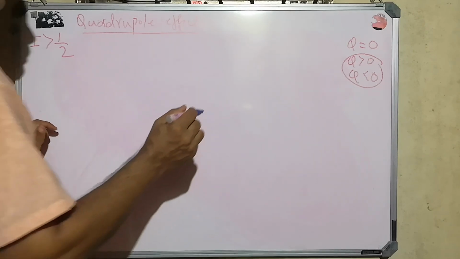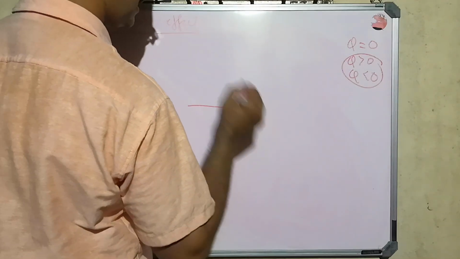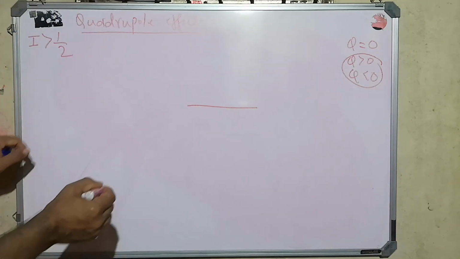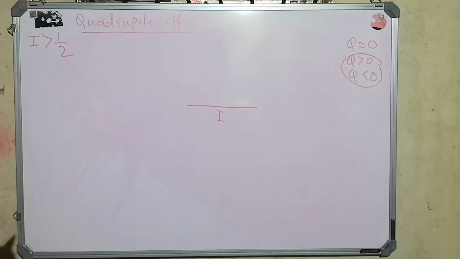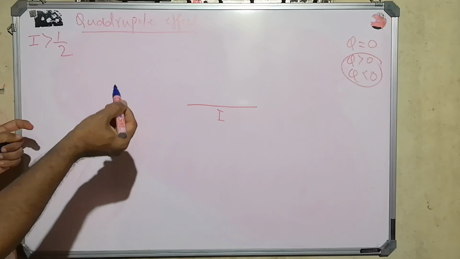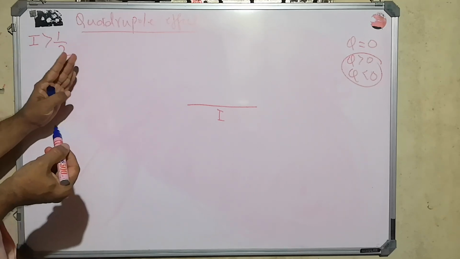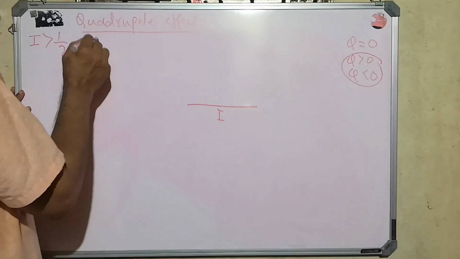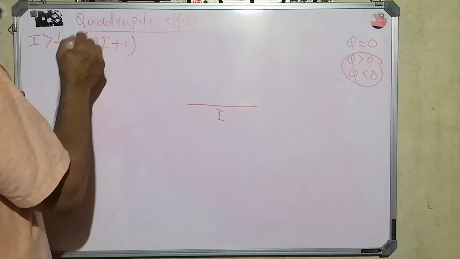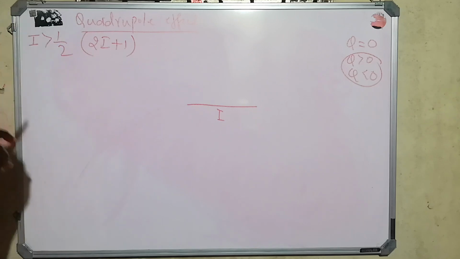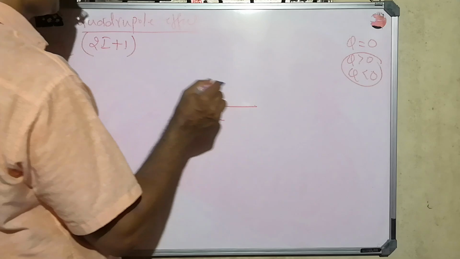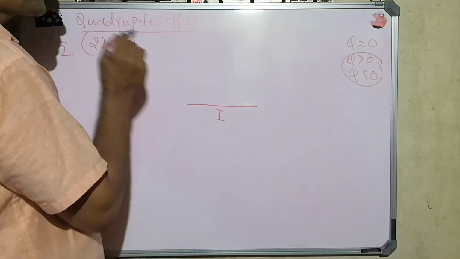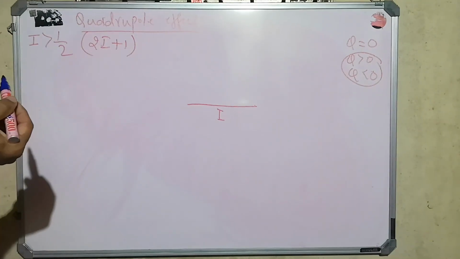This is the single energy level for I, but when subjected to an external magnetic field, the nuclear angular momentum vector can take 2I plus 1 orientations. That means the single energy level splits into 2I plus 1 sublevels.